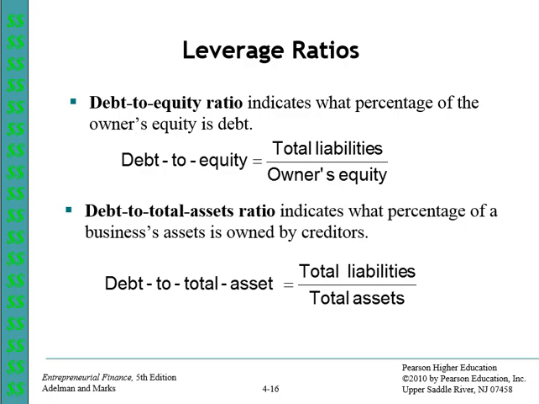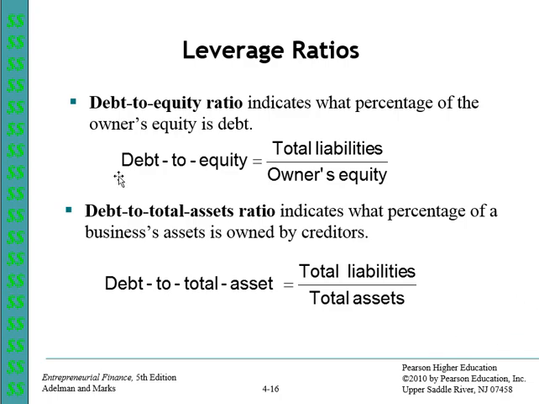The debt to total asset ratio looks at how much of our assets have been purchased with borrowed funds. So it's total liabilities divided by total assets. And again, depending on your company, depending on maybe what textbook you learned from, these ratios can be slightly different.